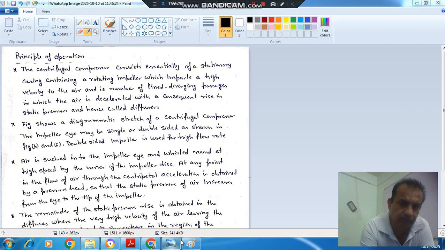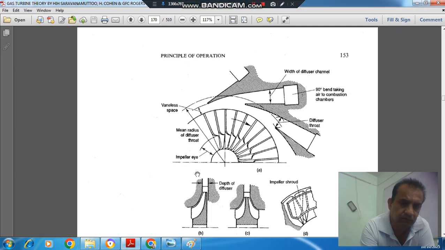So first of all, this is the schematic diagram of the centrifugal compressor. It is enclosed in a casing, and the impeller, the rotating part, and the diffuser are the main parts of the centrifugal compressor. This part is your impeller eye.